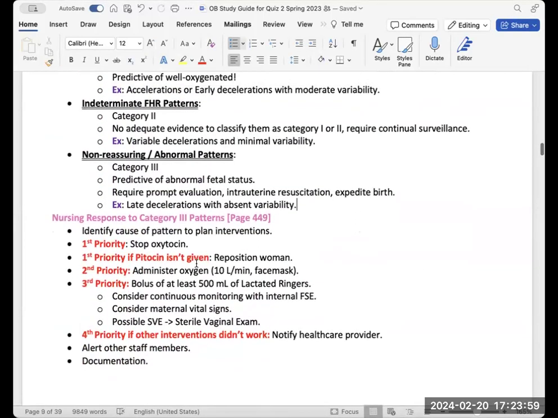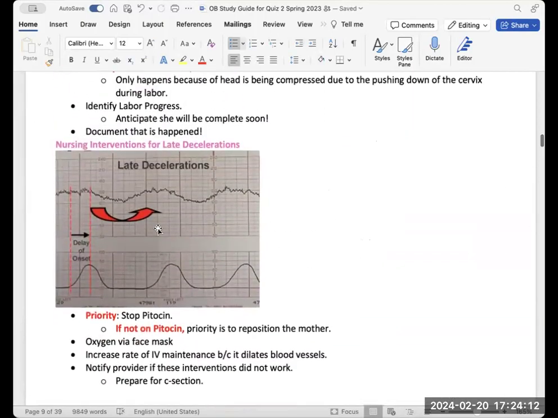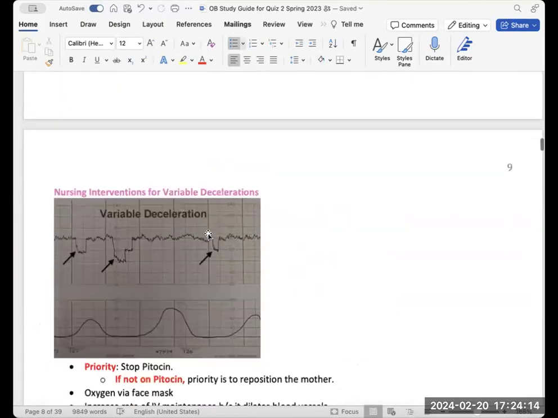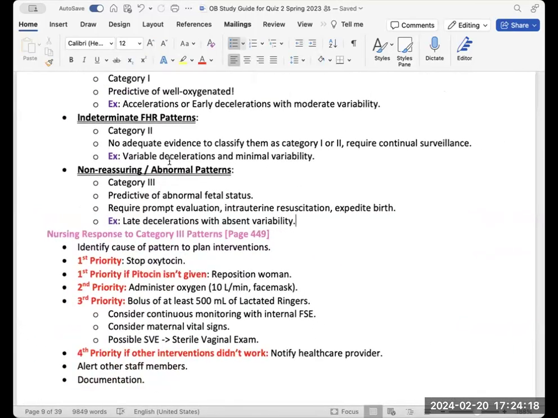But most of the time, even on your exam, the way I saw it was late decelerations with absent variability, though they could happen separately. You could just see a flat line of fetal heart rate, and that would be absent variability, and you could see the late decelerations like we see in this picture. But for category 3, the most commonly presented way is late decelerations with absent variability. Does that answer your question?